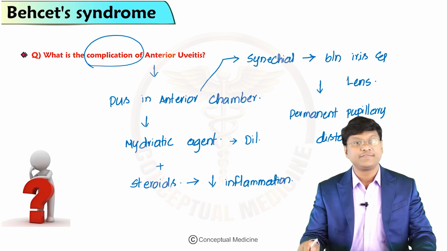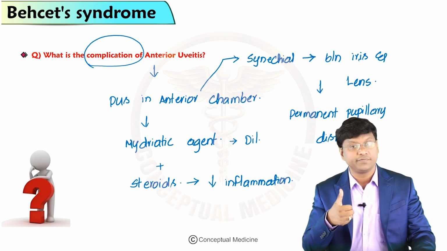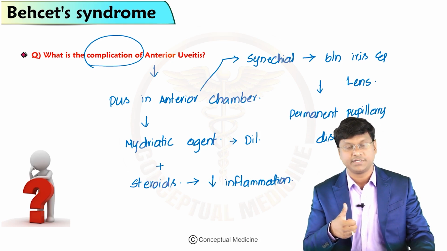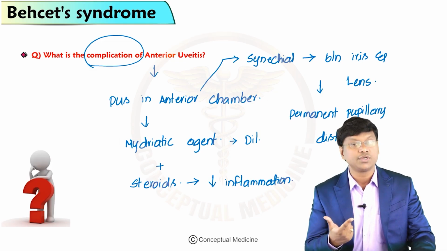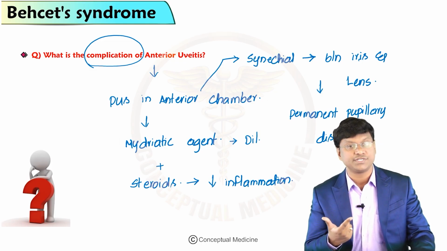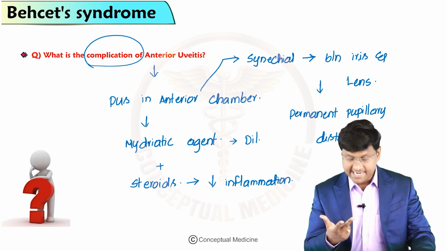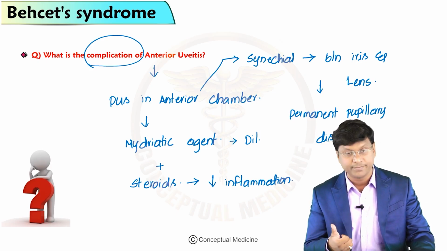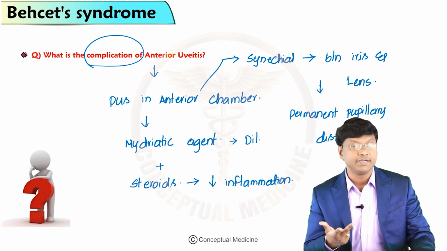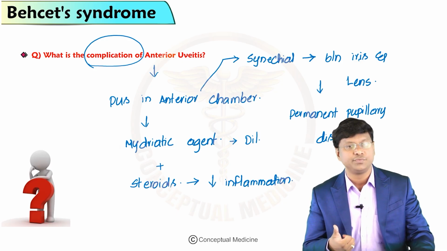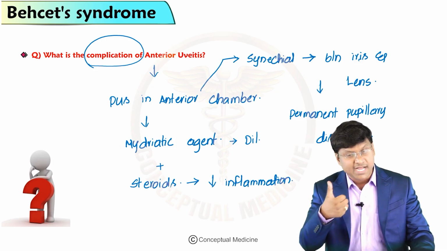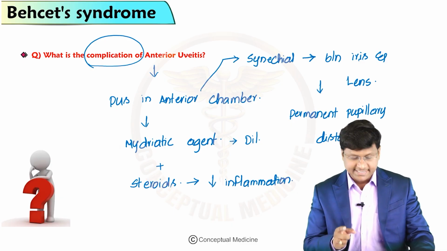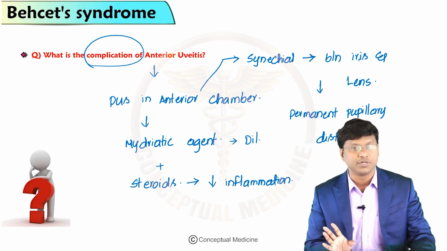Right, so ophthalmic manifestations will be in the form of anterior as well as posterior uveitis. And these ocular lesions are the hallmark manifestations of Behcet's. As part of the anterior uveitis, the triad you will see is photophobia, blurred vision, and development of red eye. And as a part of the posterior uveitis, there can be destruction of large areas of retina, and that is what will make the individual have visual problems.